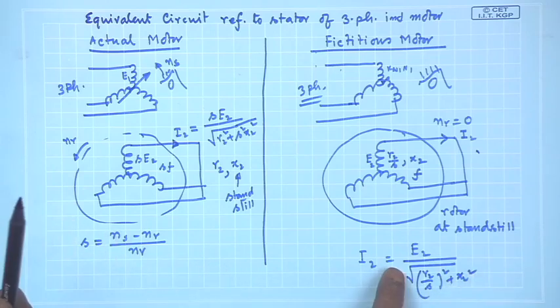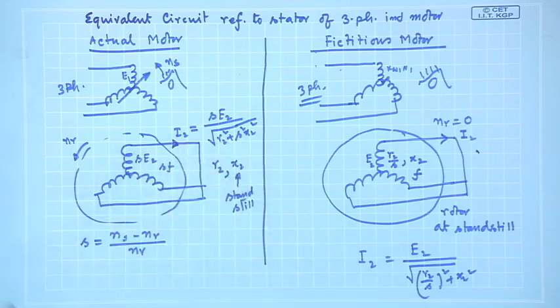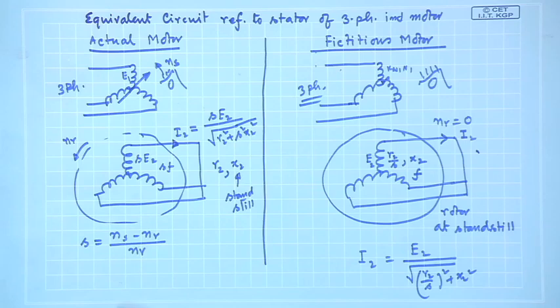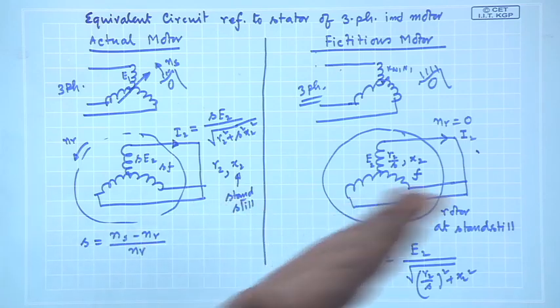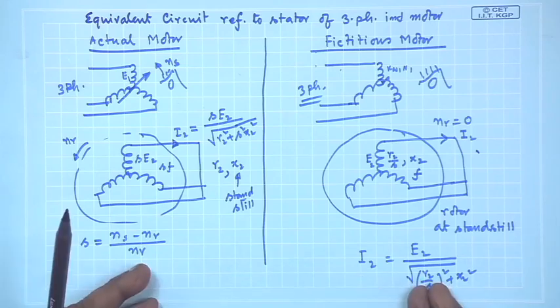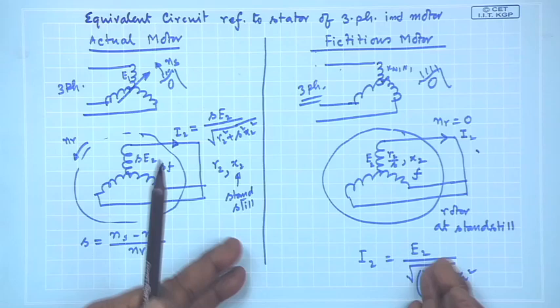Therefore, its peak value of the current is the same as this one, and the position of the rotor field is decided by the power factor angle. Last time we discussed by drawing the position of the phasors, etc. Same power factor, this and this.